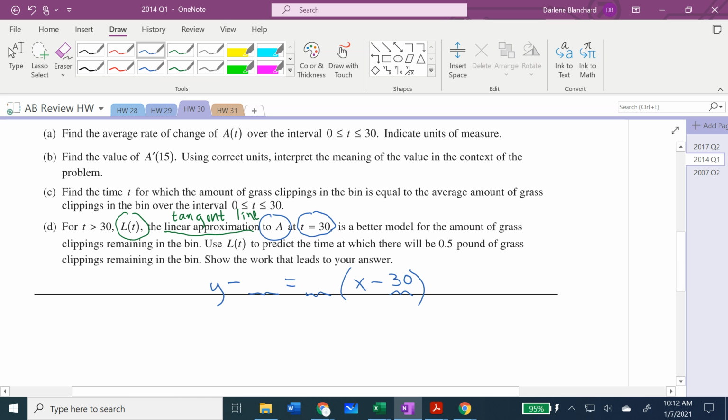That means that the y coordinate is a of 30 and the slope is a prime of 30. Know that the x is the input t, and the y is the L of t.